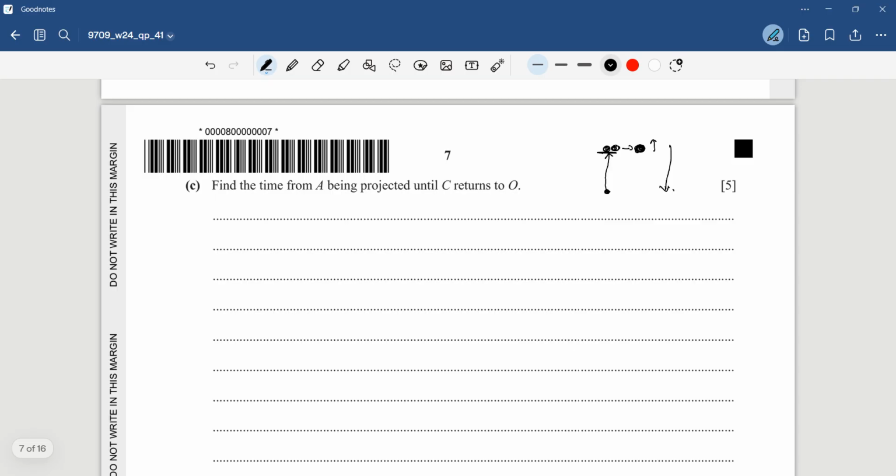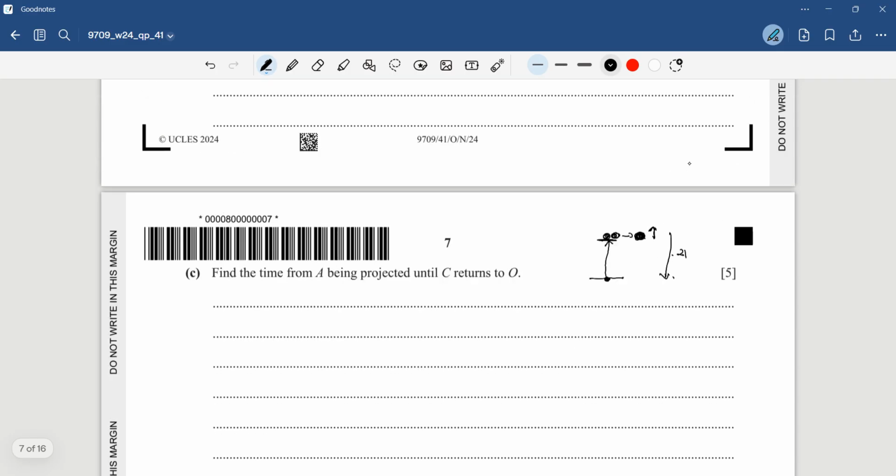So object C will go upward with some initial velocity, and then go to the original position, where the distance here is 218.75.